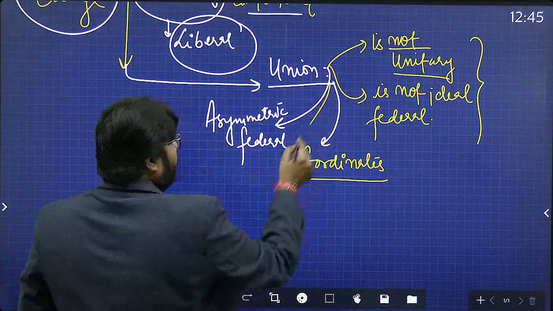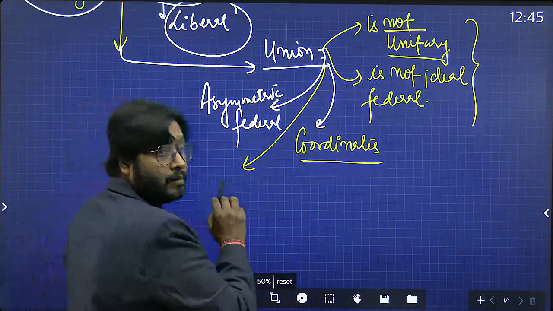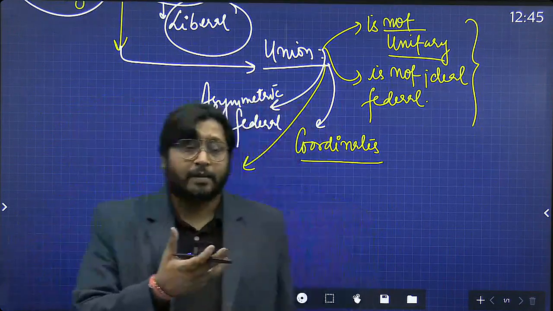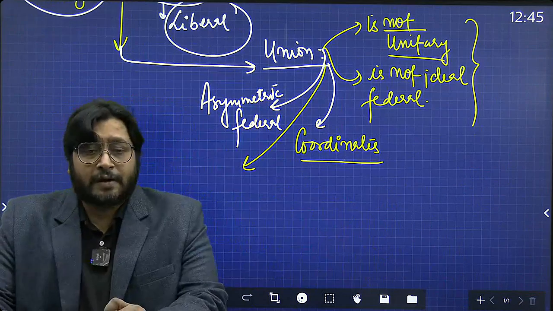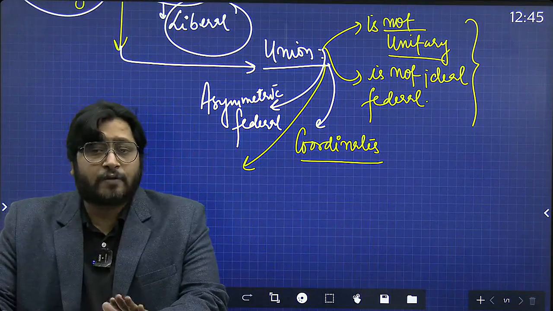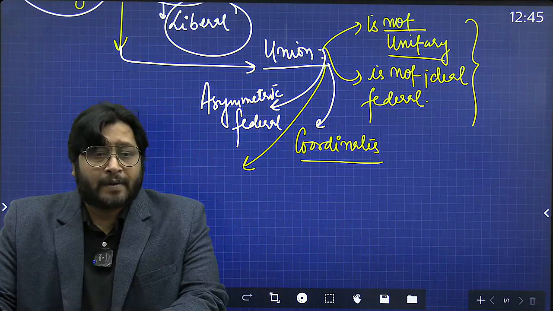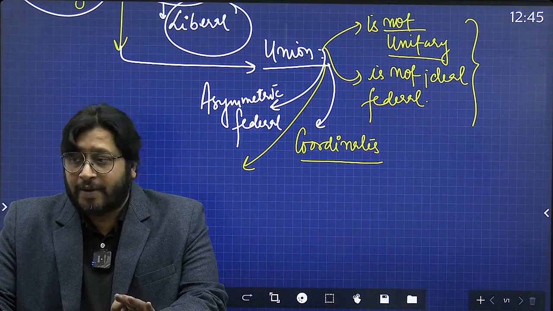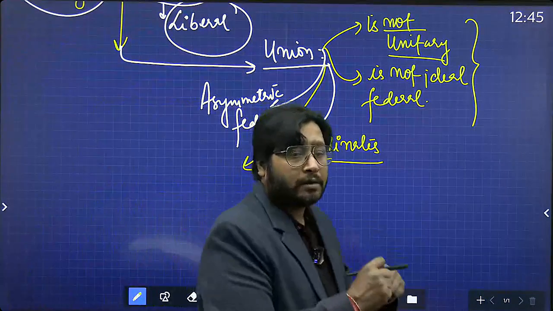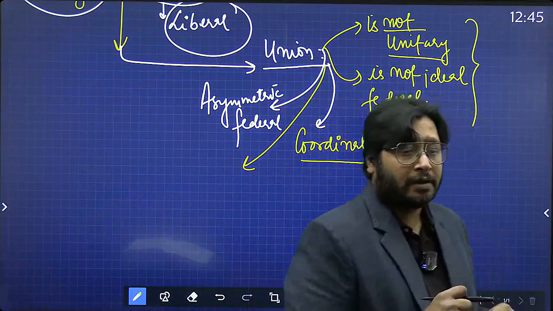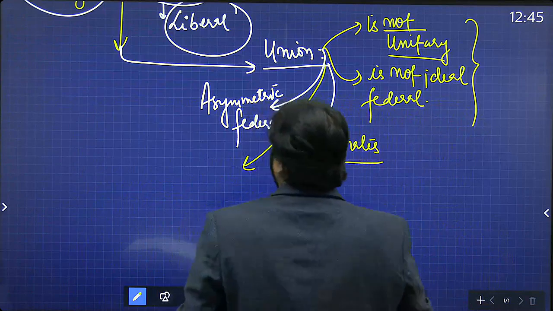Ambedkar himself said that we are not using the term union in the sense that states do not have any autonomy, otherwise there would be no lists. He said that we believe it is amphibious in character.